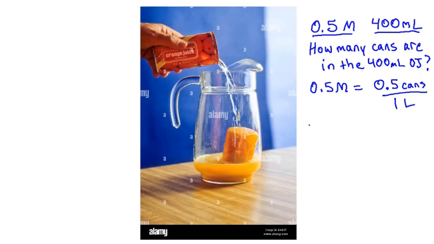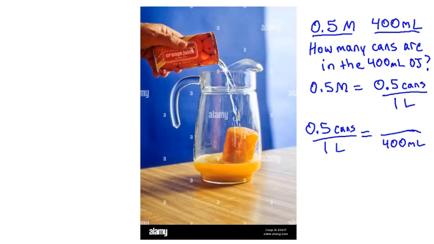But you don't have 1 liter of orange juice solution anymore. You drank a lot of it, so you only have 400 milliliters of orange juice left. And we want to know how much of the frozen orange juice concentrate can is in that 400 milliliters.